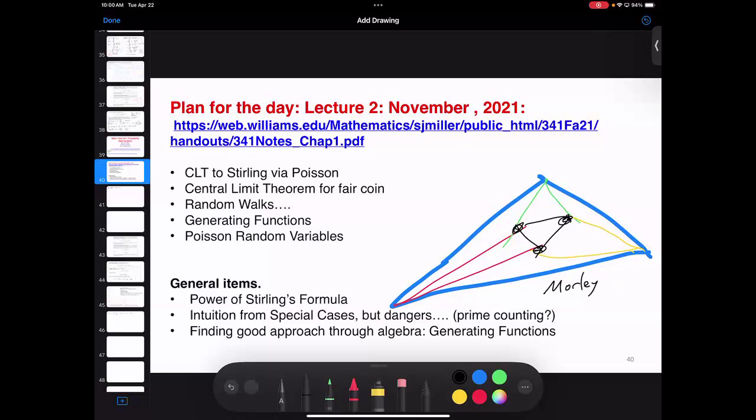What would you guess? The picture is bad. What would you guess the type of triangle is? Equilateral.